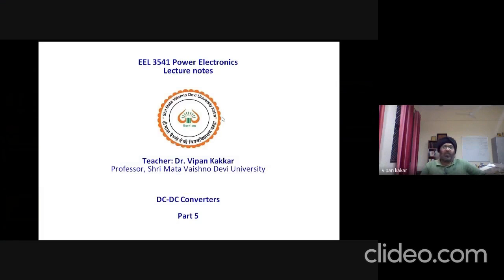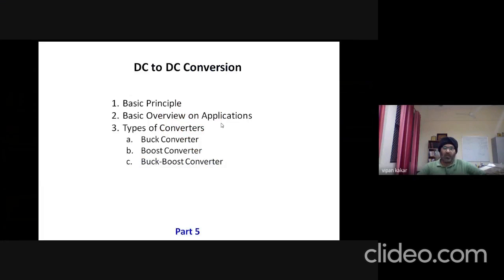So let's start with the next chapter on DC to DC converters. In this, we'll be talking about some basic principles required in understanding DC to DC converters, followed by some basic overview on types of applications.